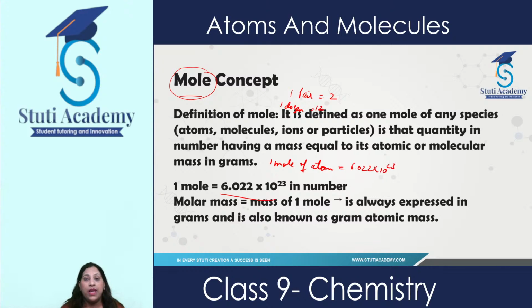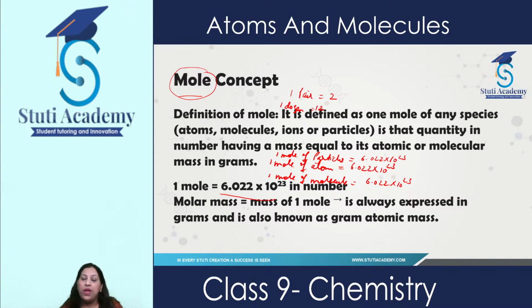And if we are saying 1 mole of molecule, again it is the same. It is also equivalent to this one. And if we are talking about 1 mole of particles, and these particles can be cations or anions, it is also equivalent to this Avogadro number.